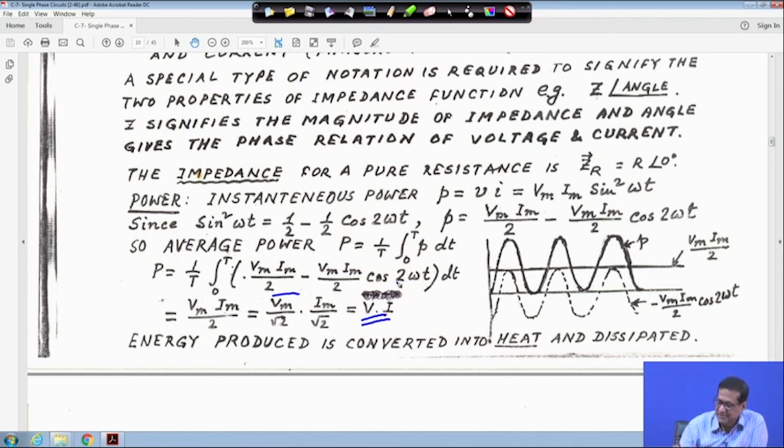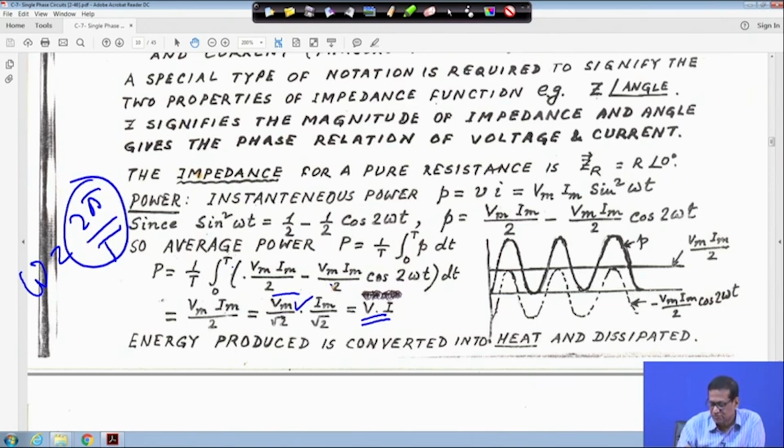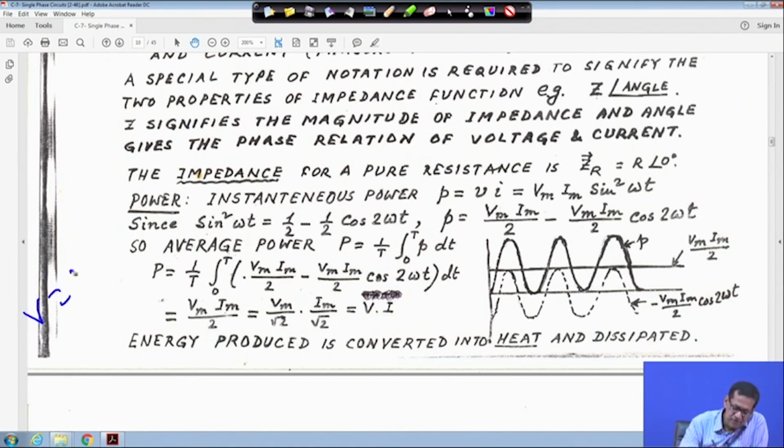That means V is equal to Vm by root 2, the RMS value, and I is equal to Im by root 2, the RMS value.